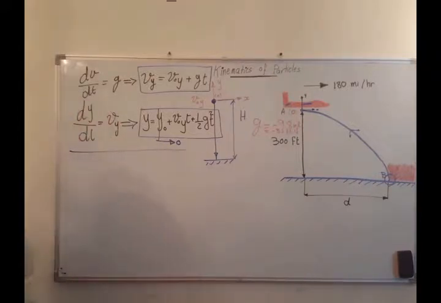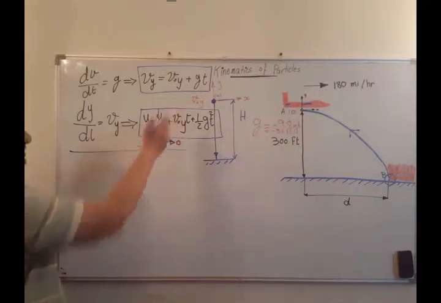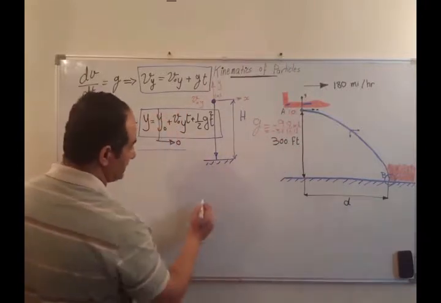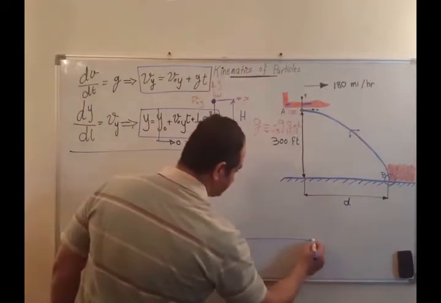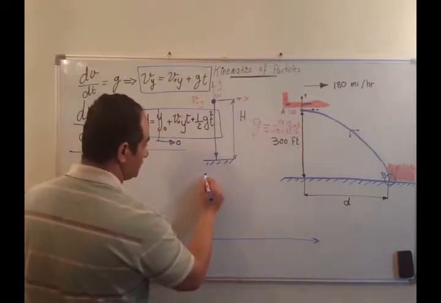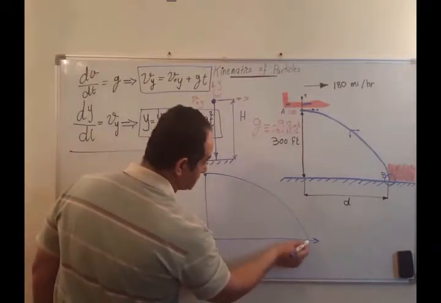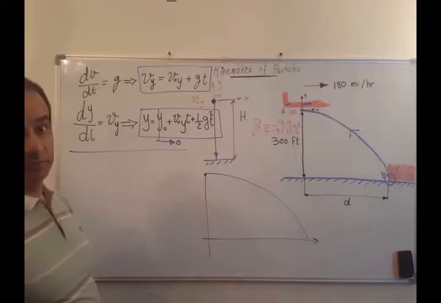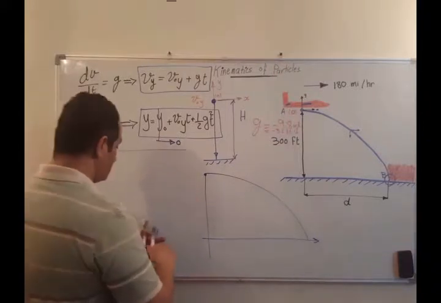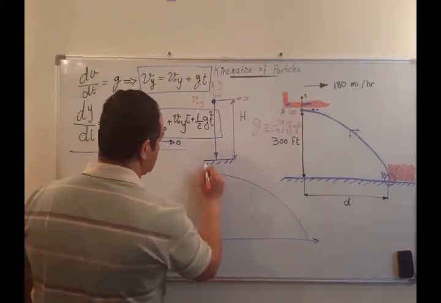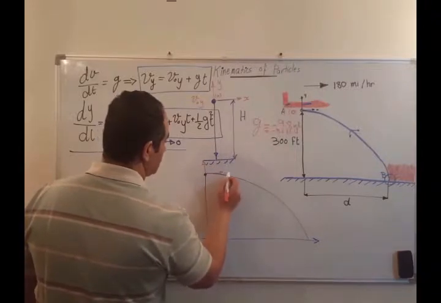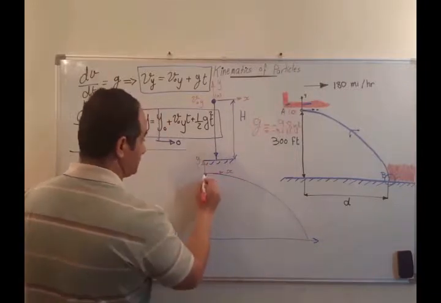Okay, now we are dealing with a projectile. What is the difference between a projectile and this case? A projectile, as we said here, has two velocity components and two displacement components. Also, we will take our reference coordinate at the starting point.